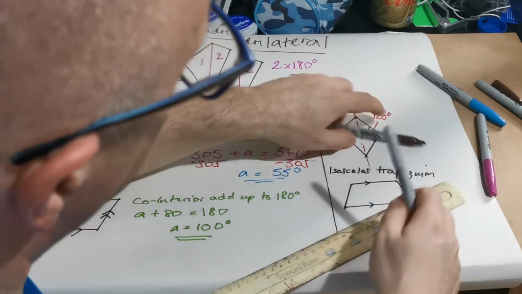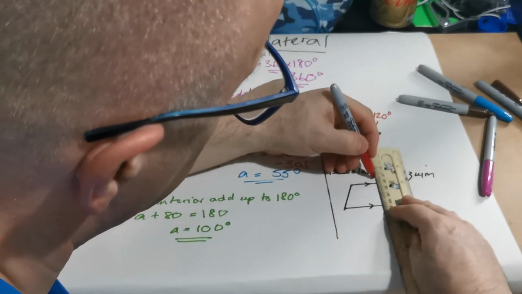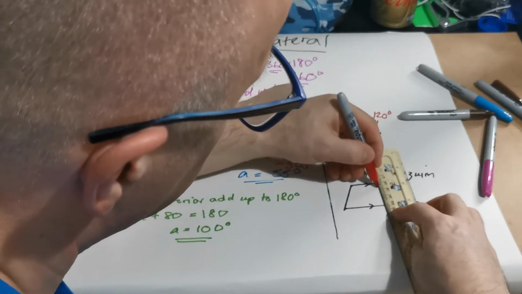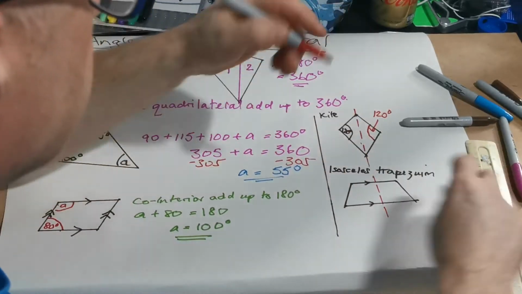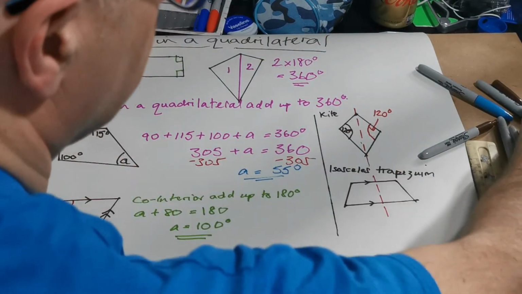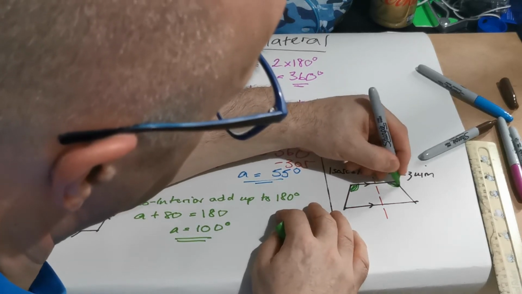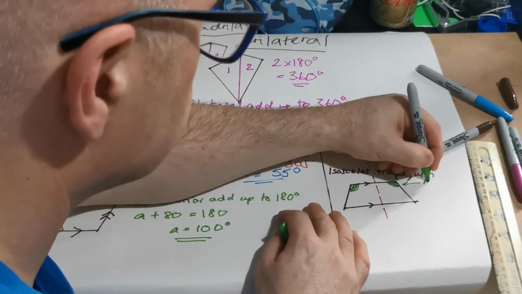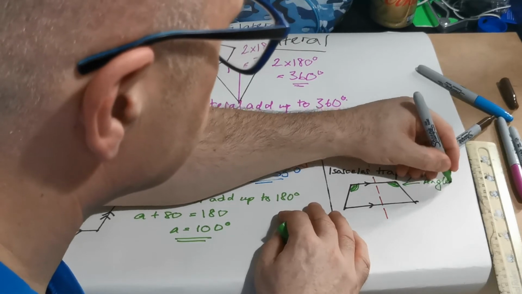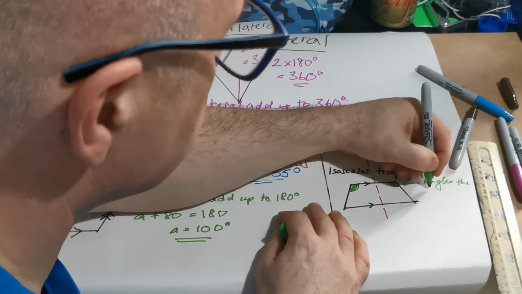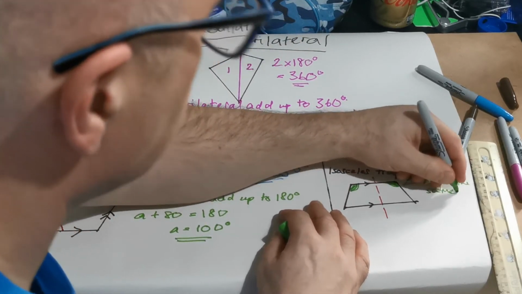So that has a line of symmetry, again going down the middle. So what that would mean is that these angles are the same. So those two obtuse angles are the same.